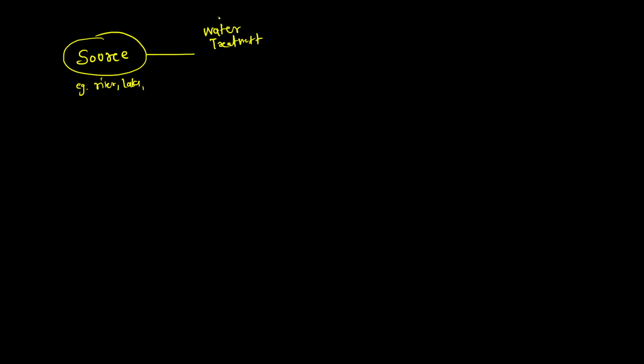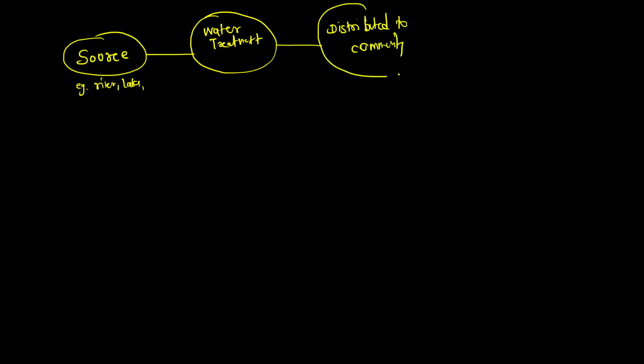Whatever impurities are there are taken out at the water treatment plant. After the treatment, it is supplied, or we can say distributed, to the community. So this is the distribution phase.